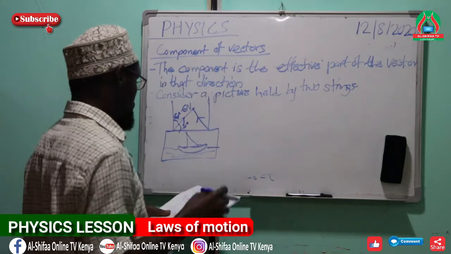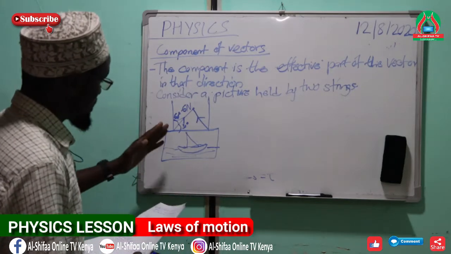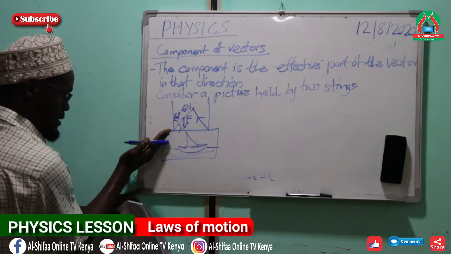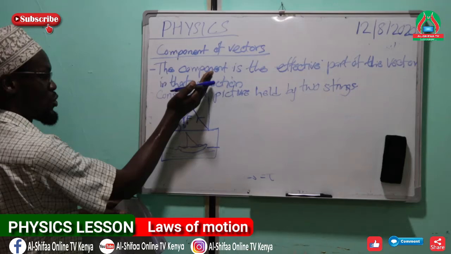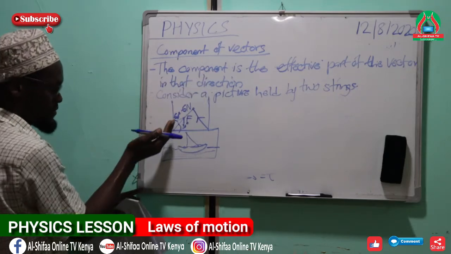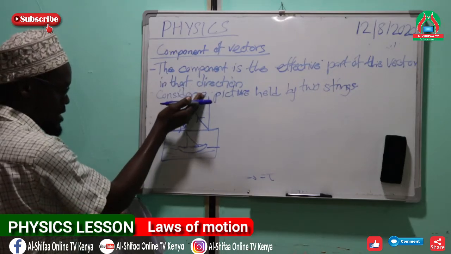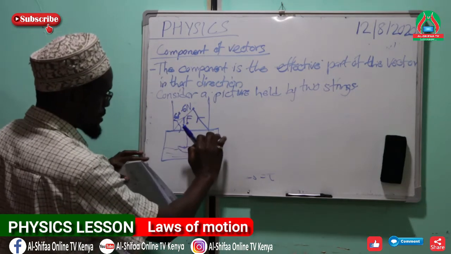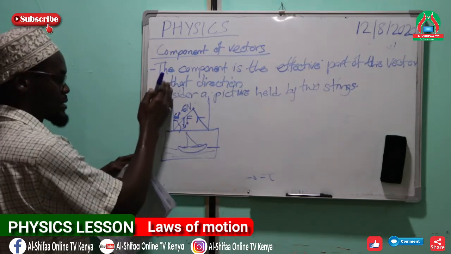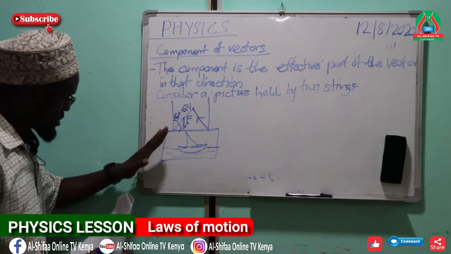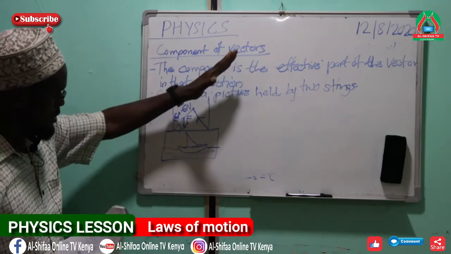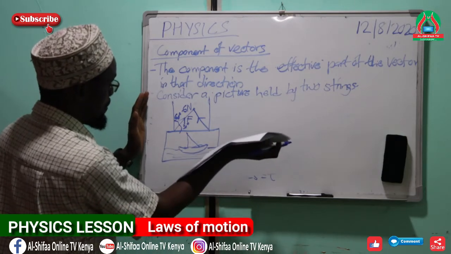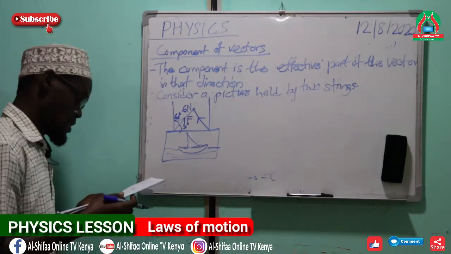When drawn, we'll see that this being the force, it is acting at an angle. So we have to find the effective parts of the force, the x component and the y component. Since it is acting at an angle, it has two components, both the x component and the y component.